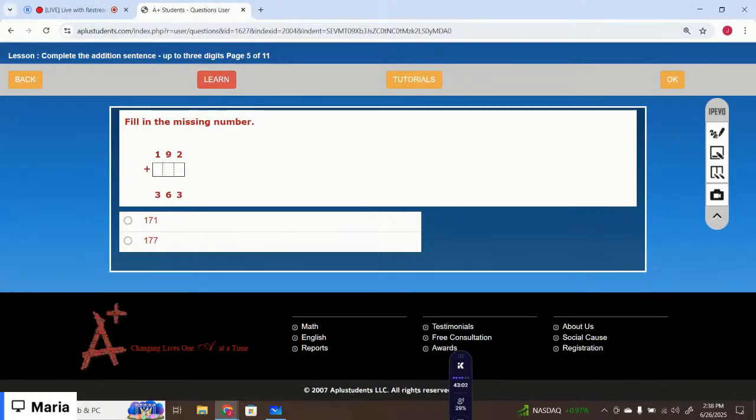So which is the correct option? So the missing one is 171. Option number one is the correct option.